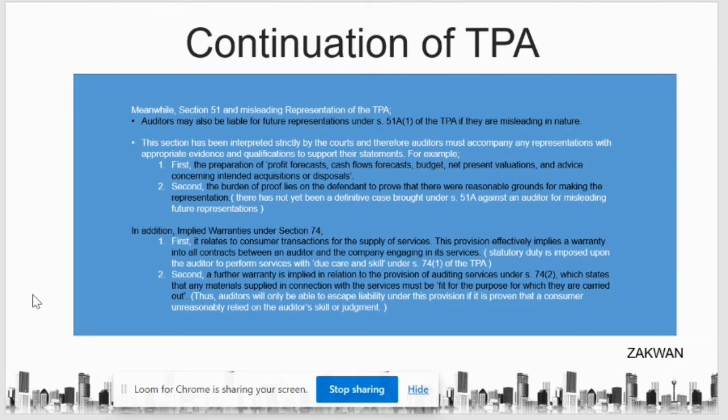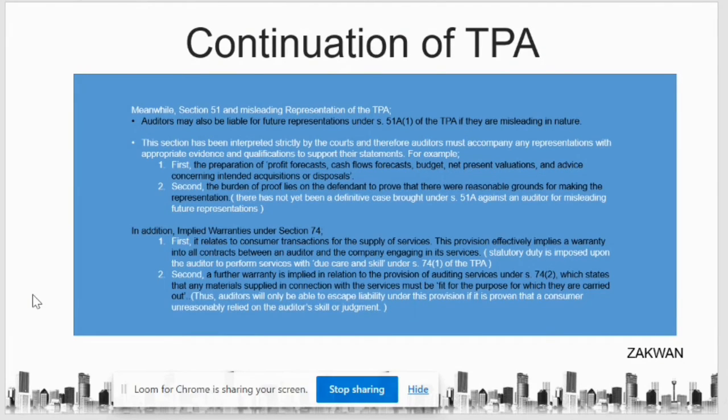This section has been interpreted strictly by courts and therefore auditors must accompany any representation with appropriate evidence and qualification to support their statement, for example, the preparation of budgets, cash flows and whatnot concerning intended acquisitions or disposals. Second, the burden of proof lies on the defendant to prove that there were reasonable grounds for making the representation. There has not been a definitive case brought under Section 51A against an auditor for a misleading future representation.